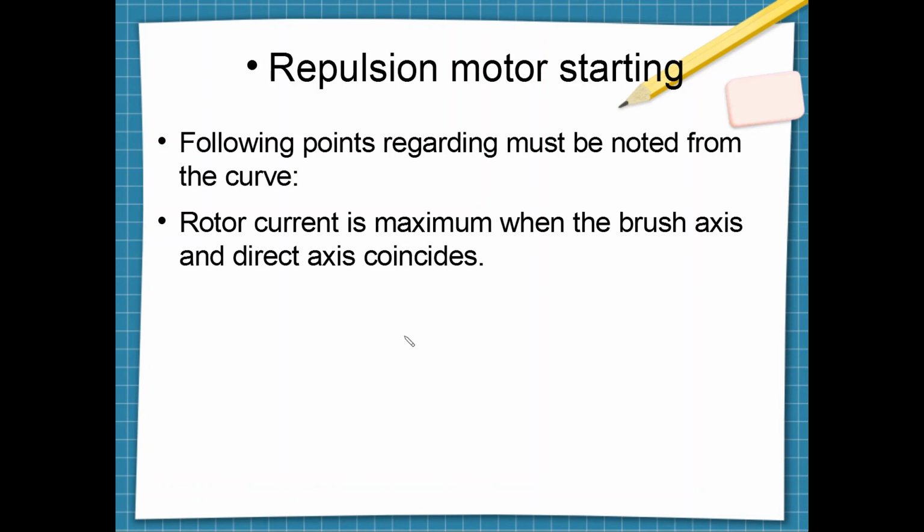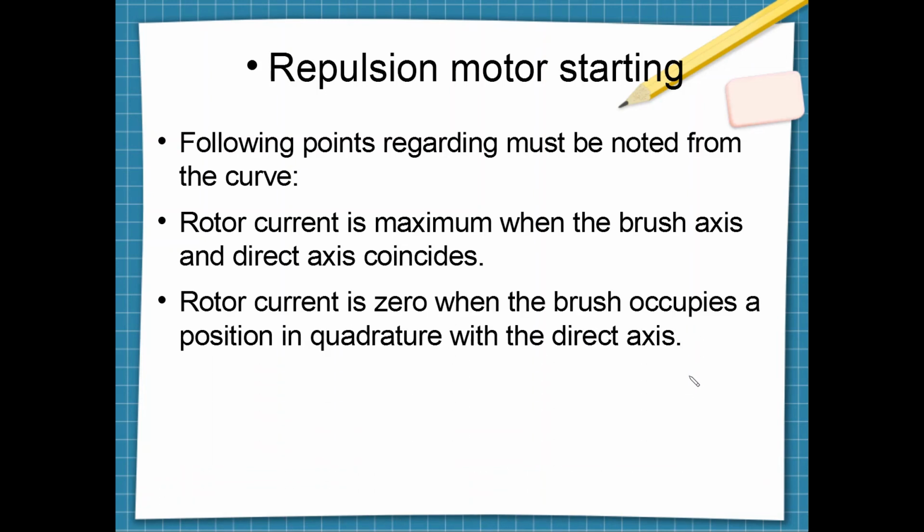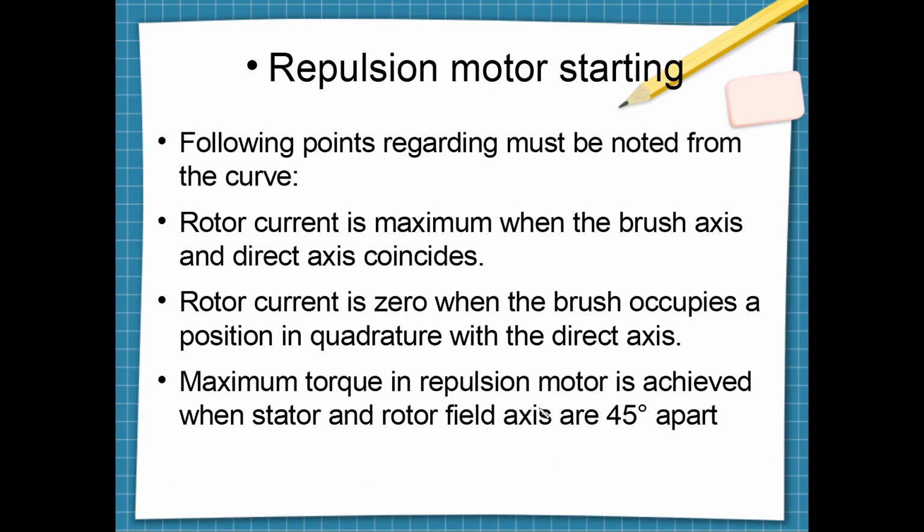As you are aware, there are also two axis brushes in it. I will not be covering that. Rotor current is 0 when the brush occupies a position in quadrature with the direct axis. Maximum torque in a repulsion motor is achieved when the stator and rotor field axes are 40 degrees apart.